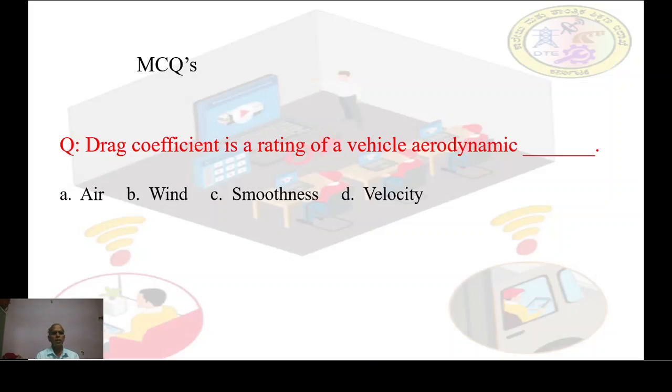Next question, number 3. Drag coefficient is a rating of vehicle aerodynamic. Choice answers: A, air; B, wind; C, smoothness; D, velocity. The correct answer is smoothness.